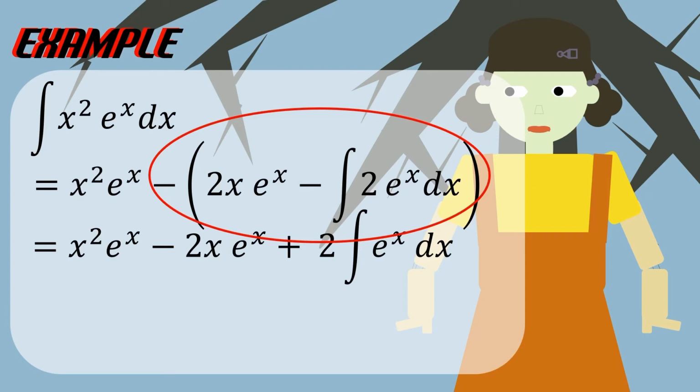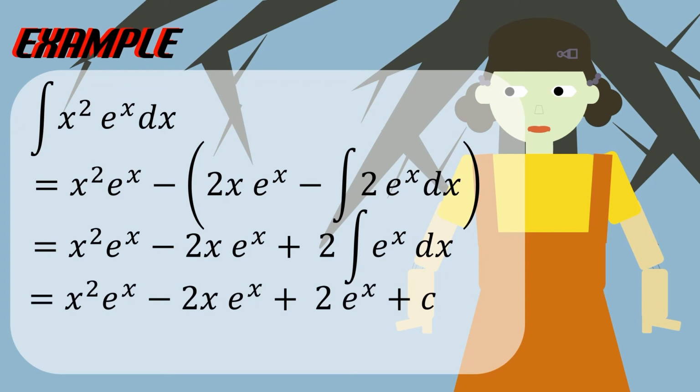Now let's begin by distributing the negative. This is going to be x squared e^x minus 2x e^x plus 2 integral e^x dx.